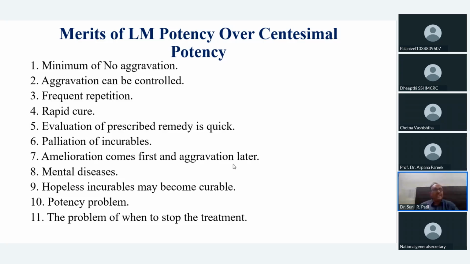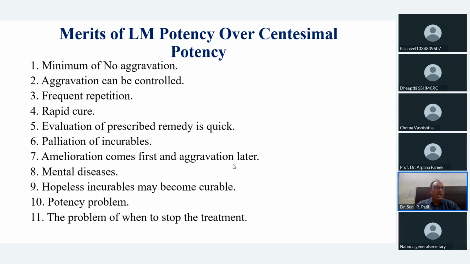Firstly, as you know, there is minimum or no aggravation. This is the first important thing about LM potency. With the use of LM potency medicine, homeopathic aggravation can be safely avoided.